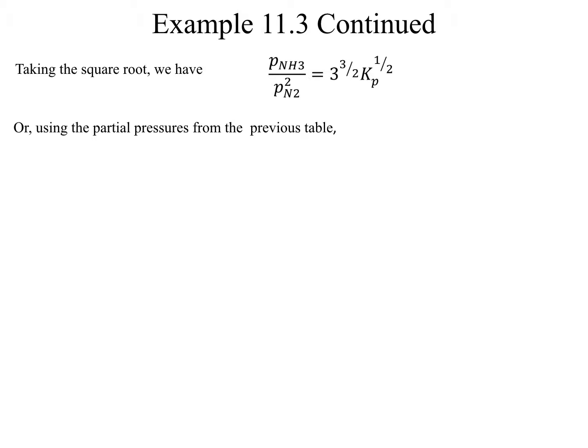Using the partial pressures that we have derived in the previous table, now I can write all those values: 3 to the power 3/2 Kp to the power 1/2 is equal to these mole fractions and partial pressures that we have written previously. Substituting them in, you get these numbers in terms of xi and the total pressure P. So the Kp is now explicitly related to the advancement and also the total pressure.